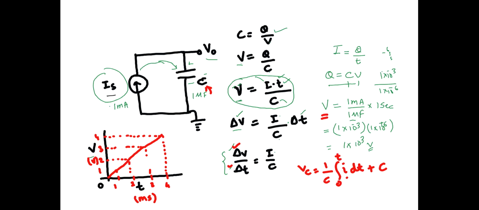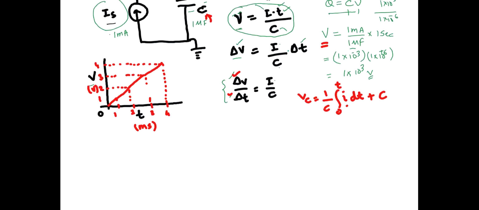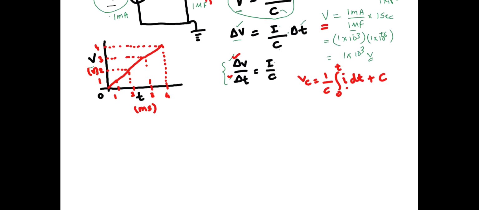Let us see if we can do it. So the voltage across the capacitor: 1 over 1 into 10 to the power minus 6, that is the value of capacitance. Then you have 0 to 1 millisecond, and I is 1 milliampere, so 1 into 10 to the power minus 3 dt.